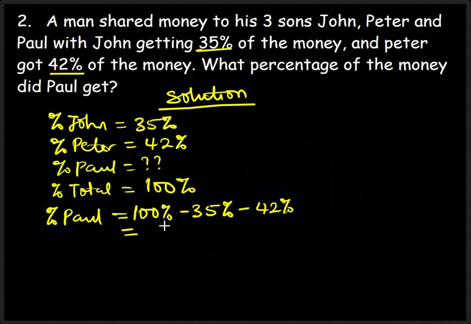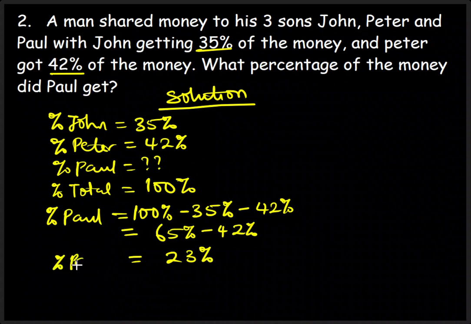That will be equal to 100% minus 35%, which is 65%, minus 42%, and that will give us 23%. So the percentage for Paul is equal to 23%.